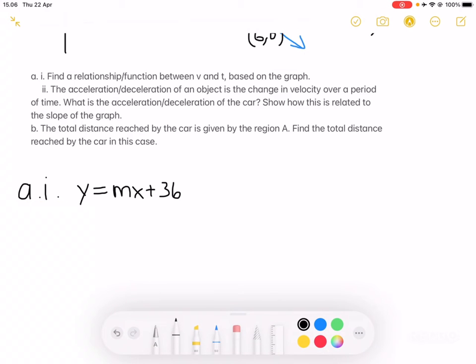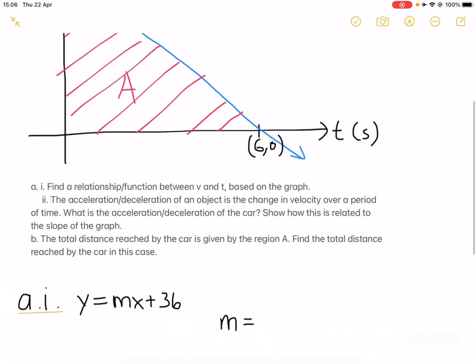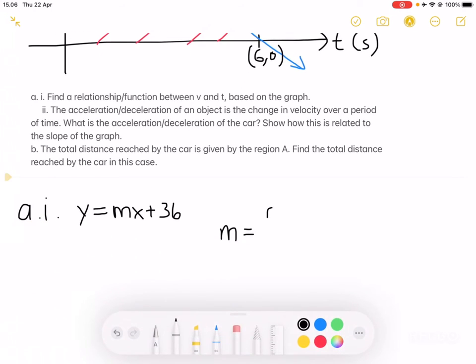So m will be the change in the y direction first, and then the change in the x direction. And you get a slope of -6.